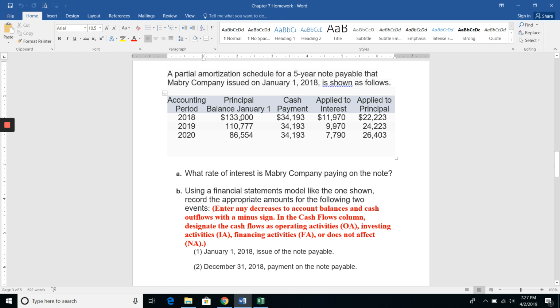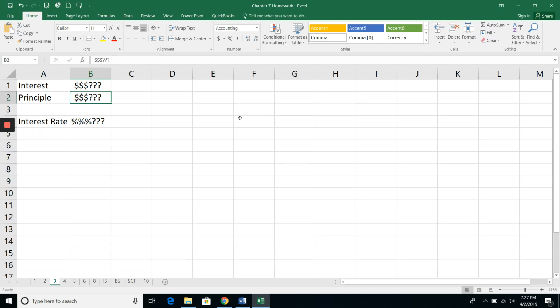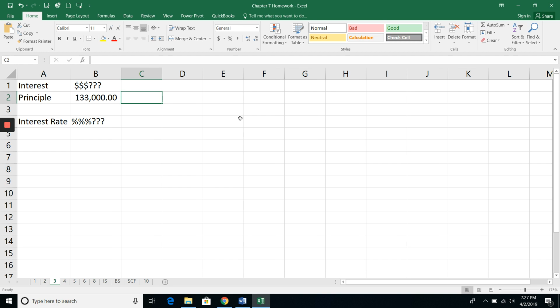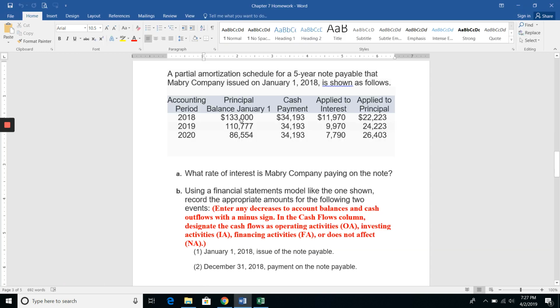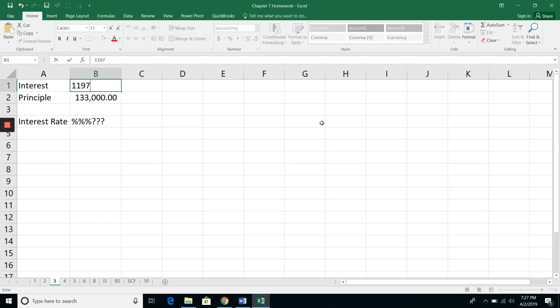So we had $133,000 in principal that was outstanding, and we had interest of $11,970. If we divide the interest on the note by the principal, that should give us the rate of interest being charged on that particular note. So 9% is the rate of interest on this note.